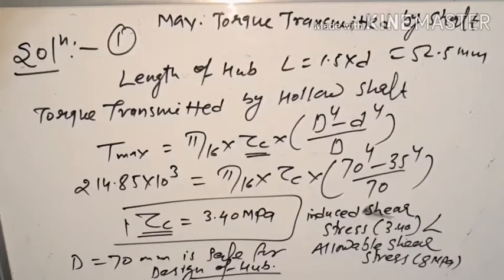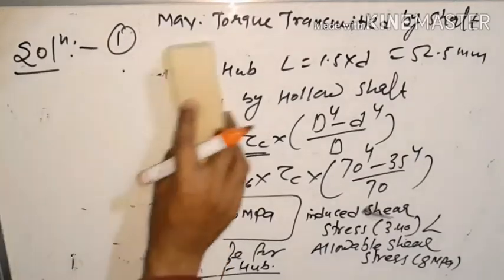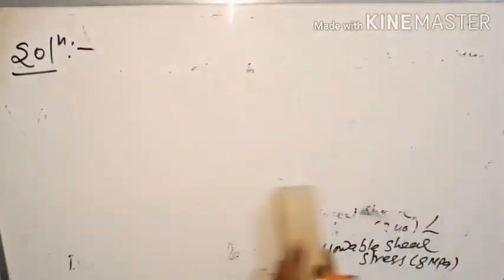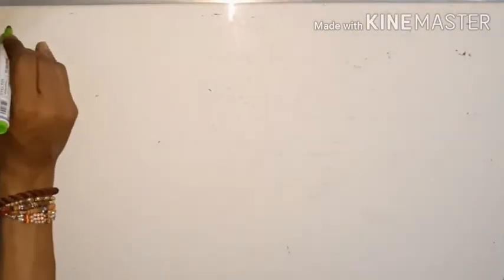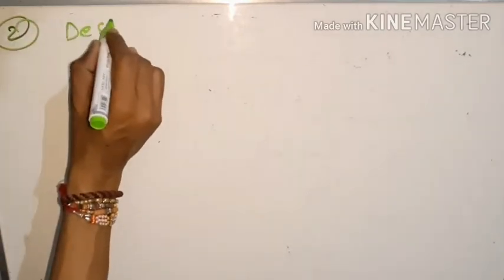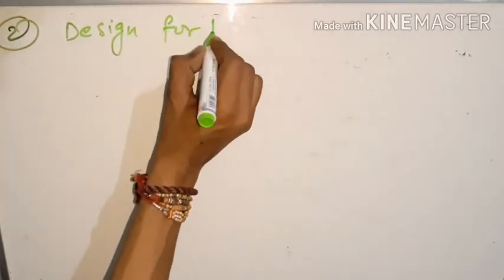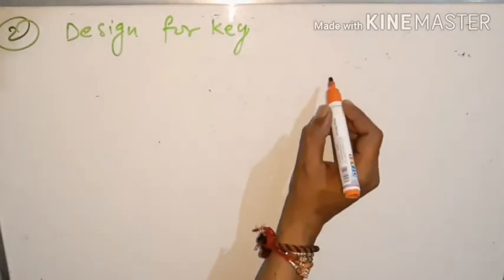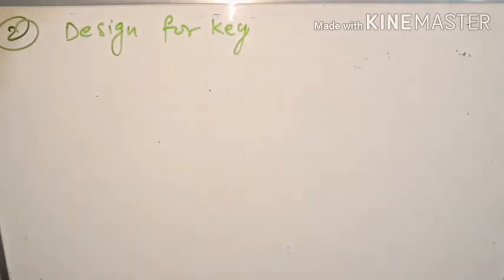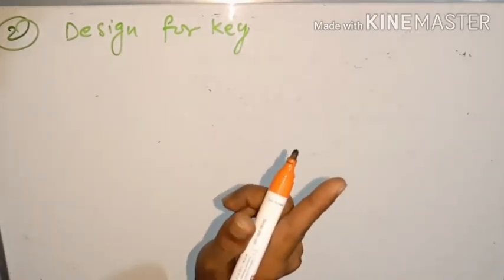Now we move to the section of the design for key. So next section is, and it is very easy, design for key. So as we all know, when we design the key, we use a square key.